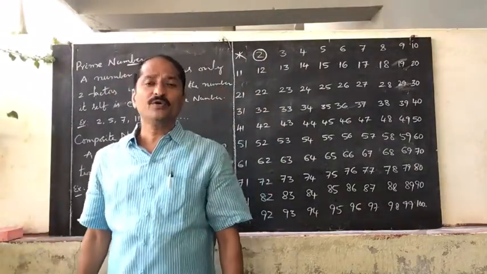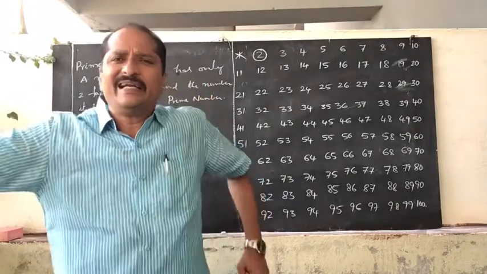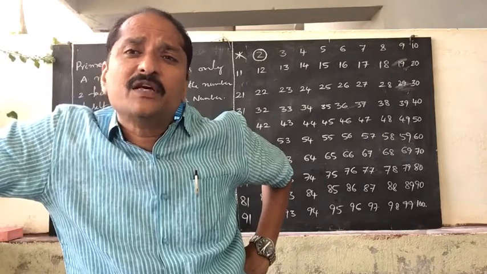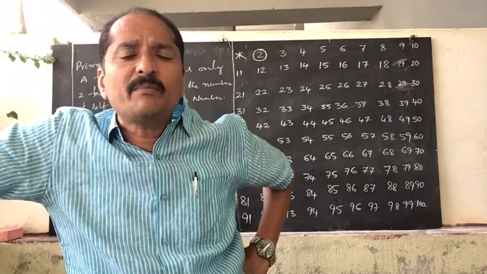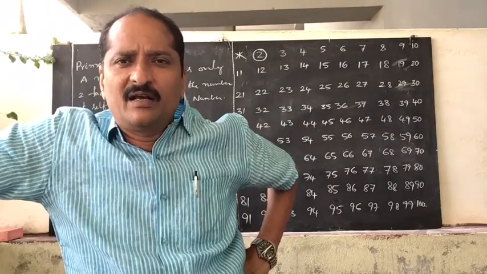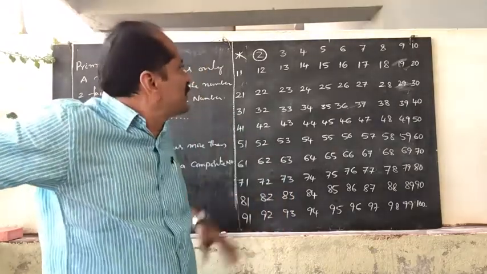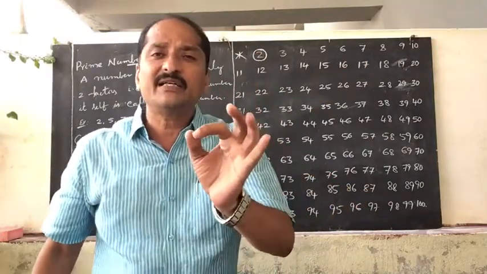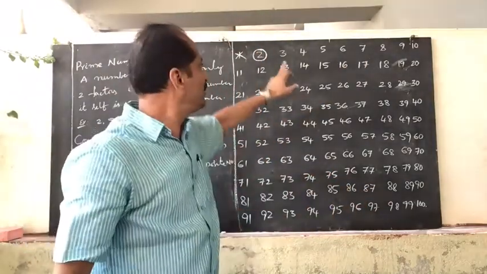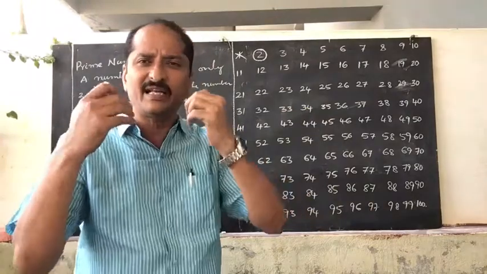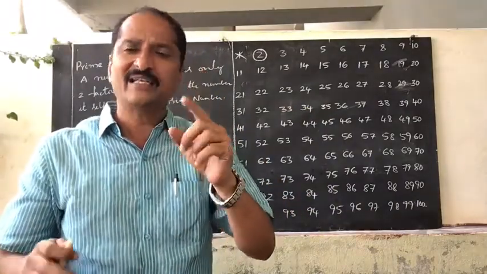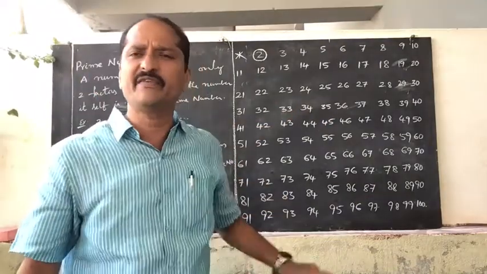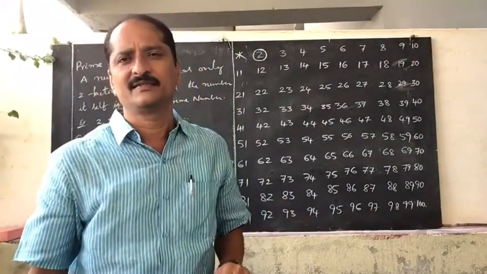And if you are writing the multiples of 2, other than these 2, all these numbers have 1 and the number itself as factors. దీంట్లో 3 నుంచి 100 వరకు ఉన్న ప్రతి నెంబర్కి 1 and the number itself are the 2 factors of every number. That means every number has at least 2 factors.